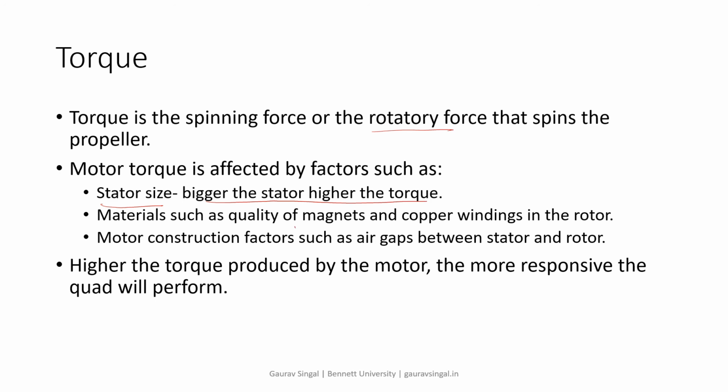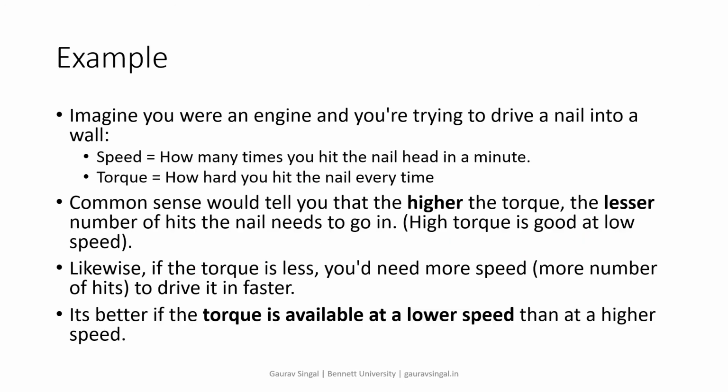It also depends on the material quality of the magnet and copper winding, and motor construction factors such as air gaps between the stator and rotor. The higher the torque produced by the motor, the more responsive the quad will be. If your torque is higher, then your drone will respond quickly to instructions.